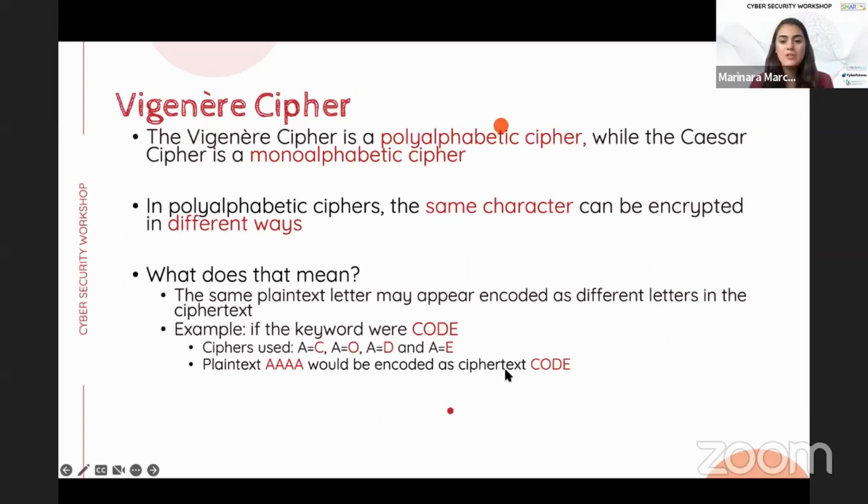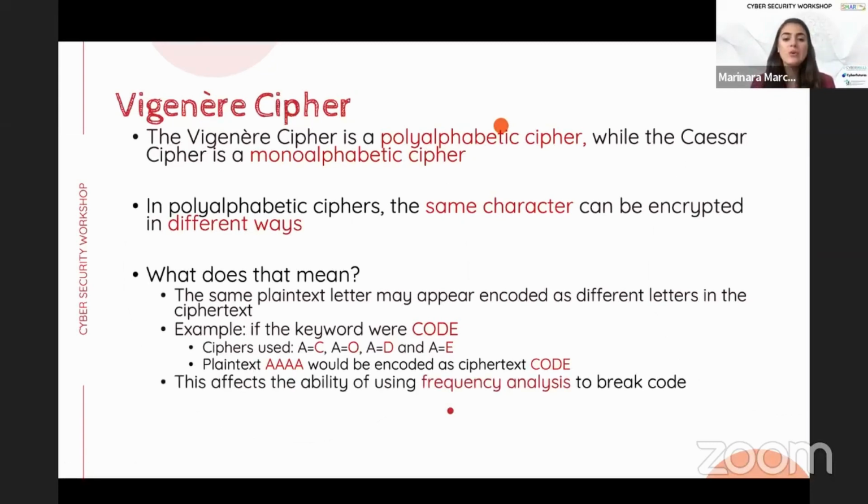So how could you even tell that code would actually be 4 A's altogether? So it's a lot more difficult to break. So this is going to be affecting the frequency analysis that we used, because now we can't assume that the same letters are going to be encoded as the same letter later on. It is going to change. So it makes it a lot harder to break the Vigenère code because we can't use frequency analysis.